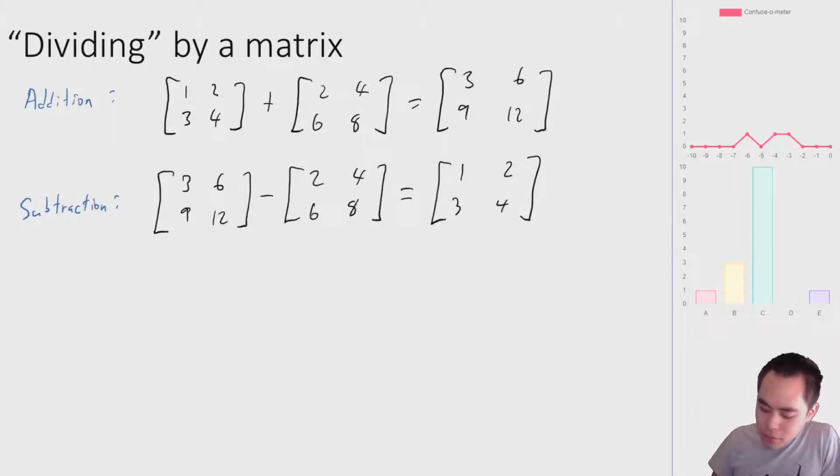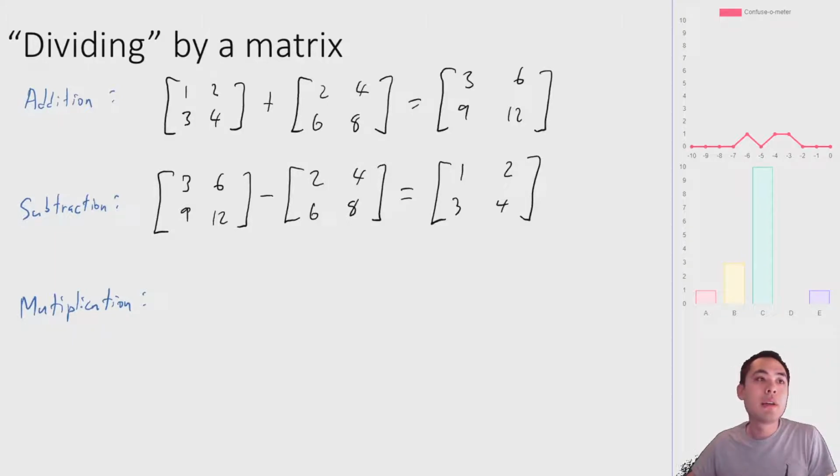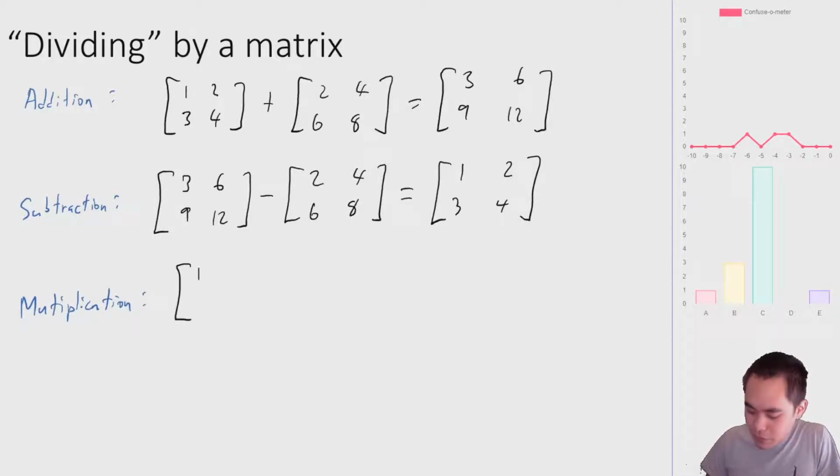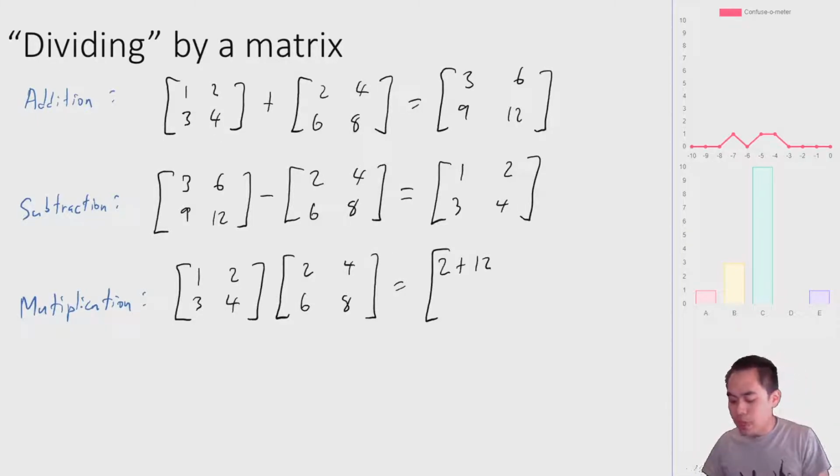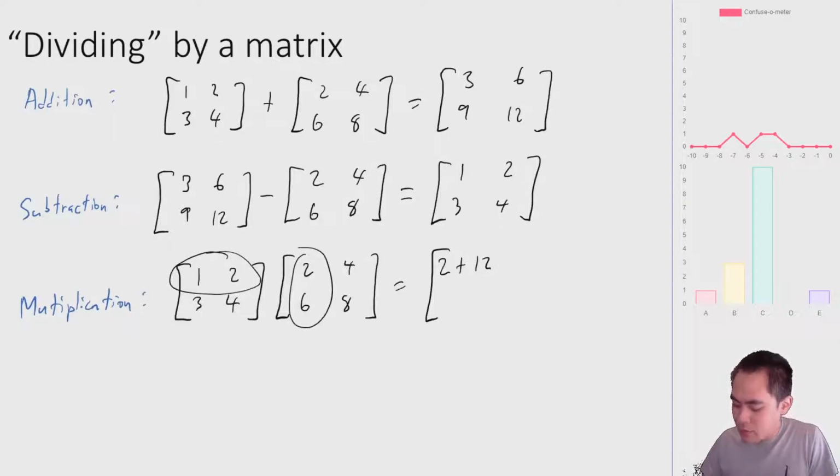But now, things get a little bit more complicated with multiplication and division because matrix multiplication is weird. If we start with 1, 2, 3, 4, and we want to multiply it by 2, 4, 6, 8, that's going to end up being 2 plus 12, because it's 1 times 2 and 2 times 6, so we have those two pieces, and so on.